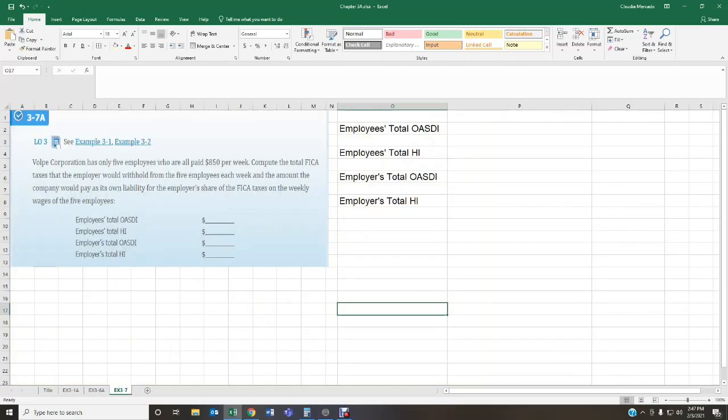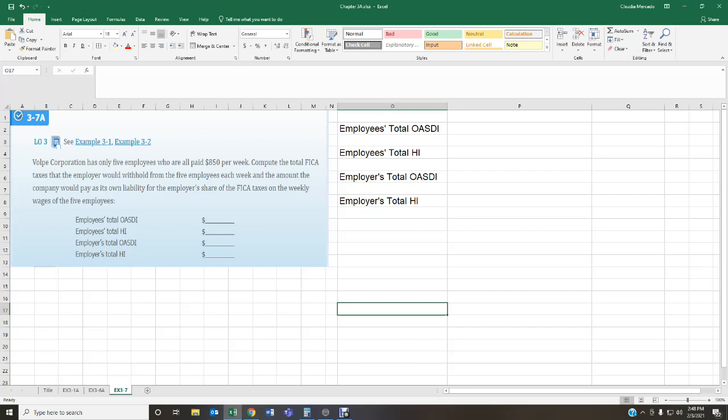Okay, so let's jump over to Exercise 3-7A. It says Volpe Corporation has only 5 employees who all get paid $850 per week. So we have 5 employees and they all get paid the same amount, $850 per week.